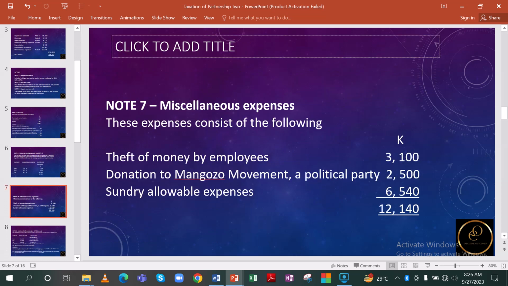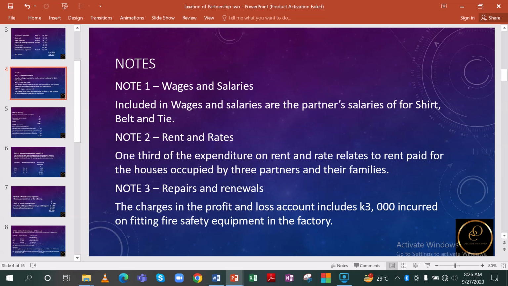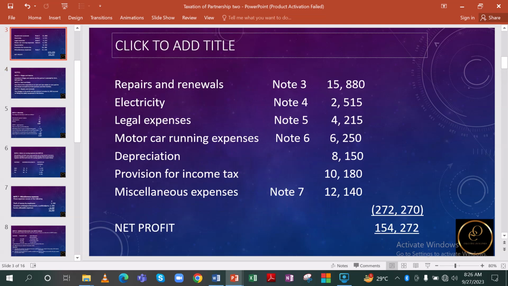It tells us that 1/3 of expenditure on rent and rates relates to rent paid for houses occupied by the 3 partners and their families. So meaning 1/3 is private expenditure, which is covered by the partnership. Expenses to be deductible should be wholly and exclusively for business. So this component is private, which means that it has to be added back.